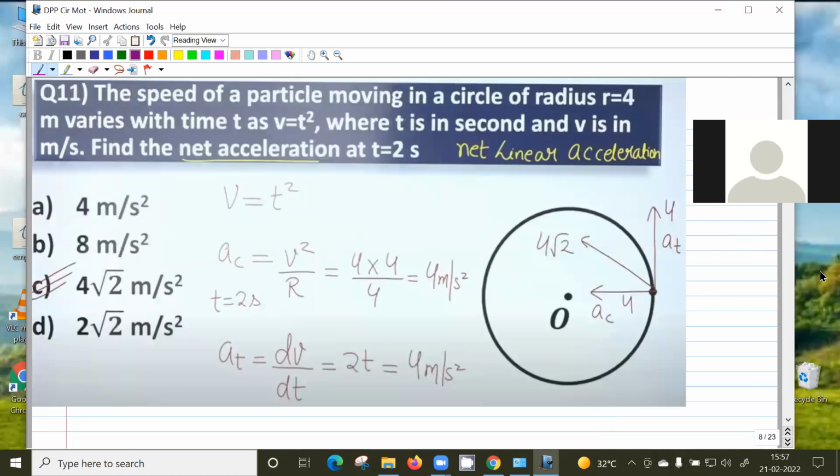This one, the speed of a particle moving in a circle of radius 4 centimeters. Here it's not uniform circular motion, because velocity is increasing. Not only the direction, even the magnitude of the velocity is increasing. So here you have to find the net acceleration. That is centripetal plus tangential.